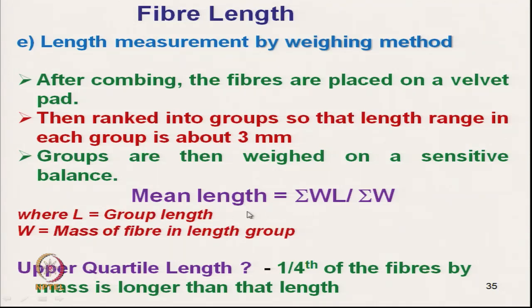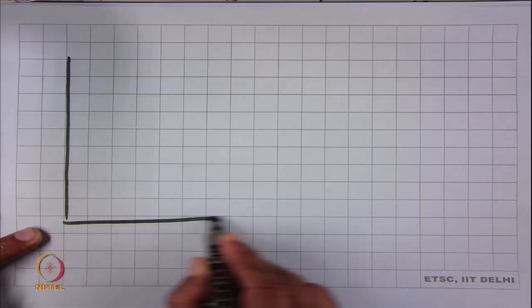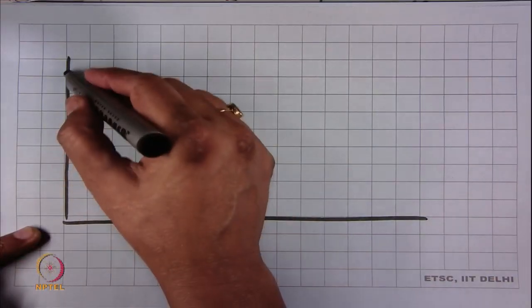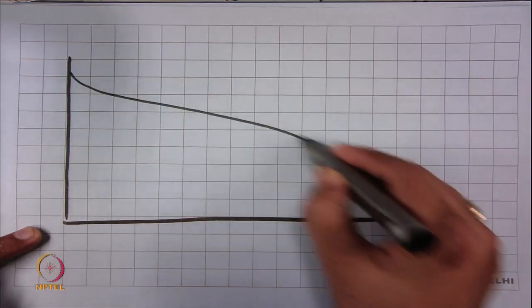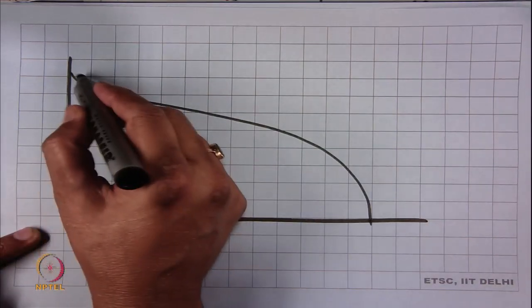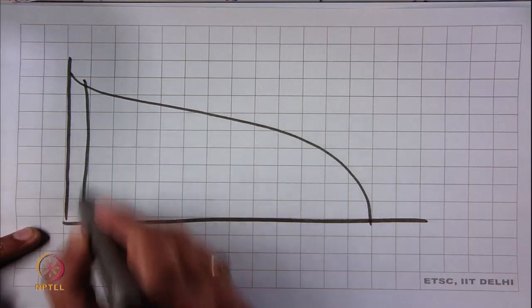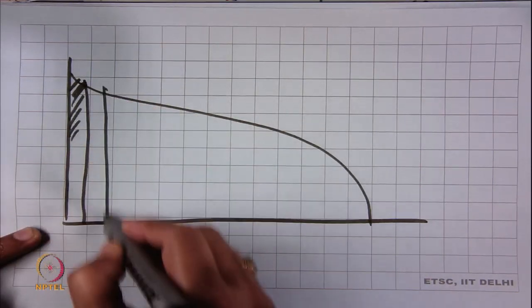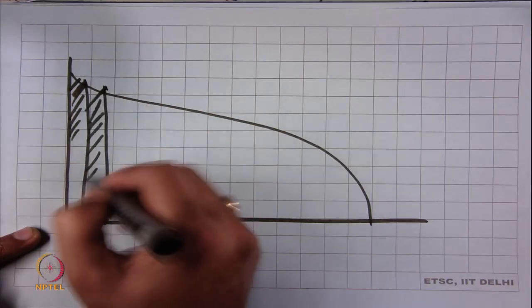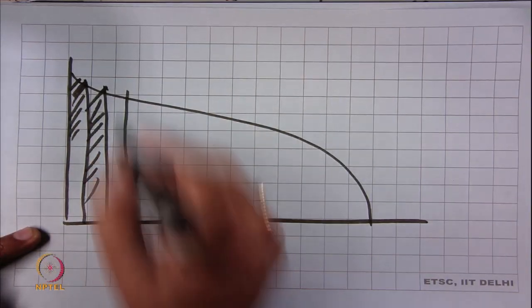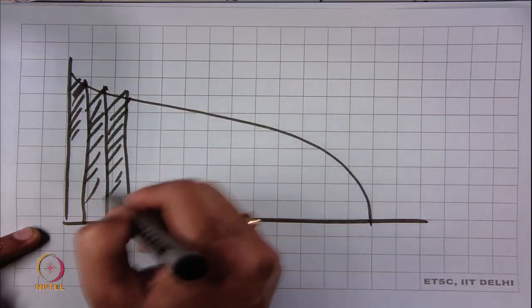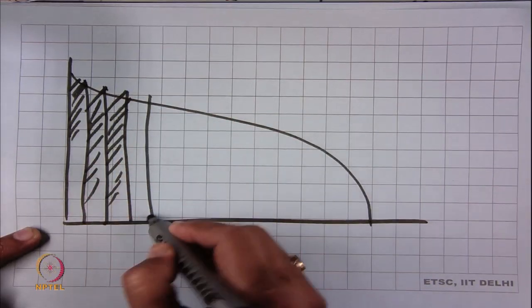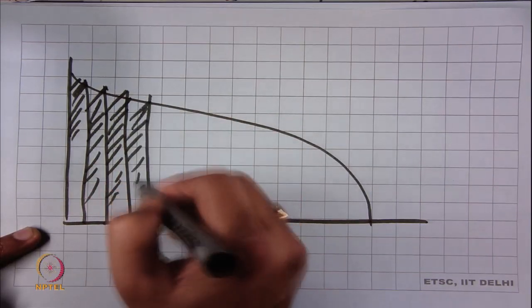Suppose this is the fiber length distribution. We are trying to group the fibers here. This is one group, we take its mass, then the second group, the third group. This is nothing but the mean length based on weight.